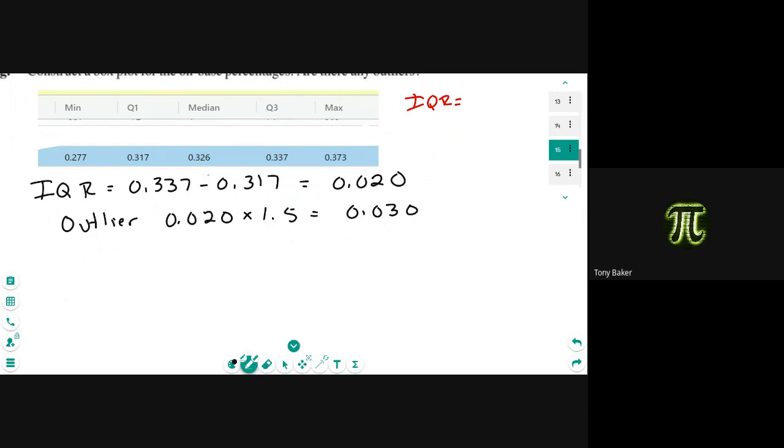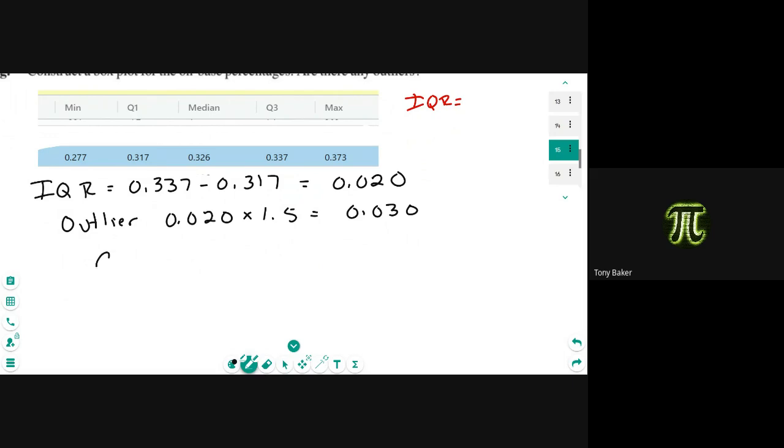Interquartile range, 0.020. I kept three decimal places just because the other ones had three decimal places, so I kept it the same as the other data. Your outlier fence: 0.020 times 1.5 is 0.030. It means nothing, it's just a number that you're going to use elsewhere.